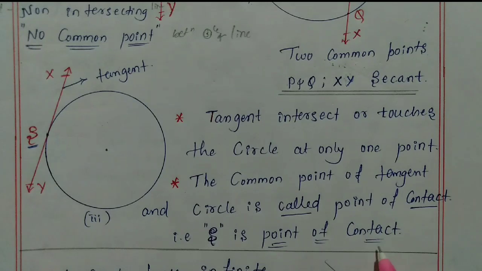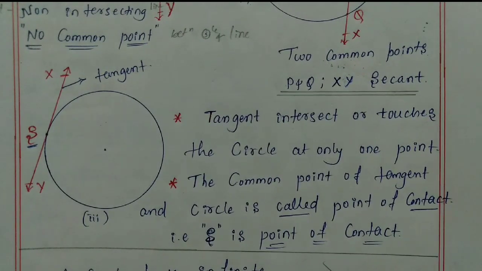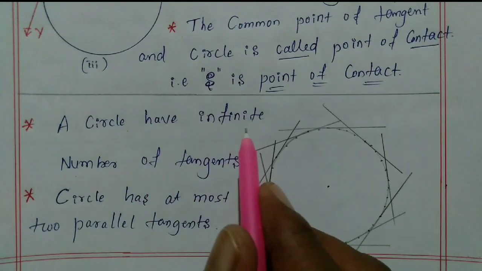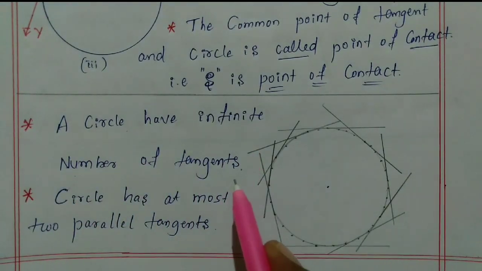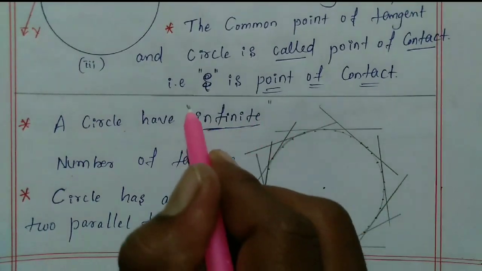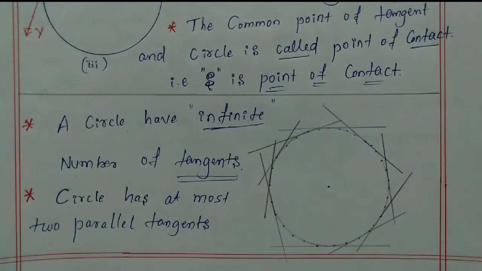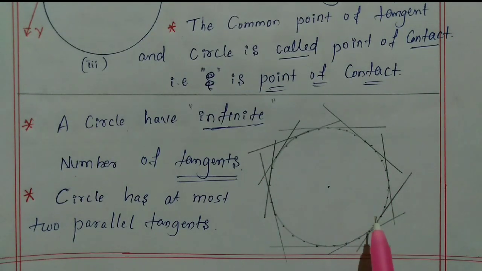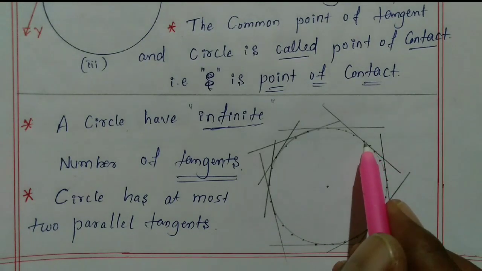Next point is that a circle has infinite number of tangents. This is the circle. A circle is made up of, or contains, infinitely many points.